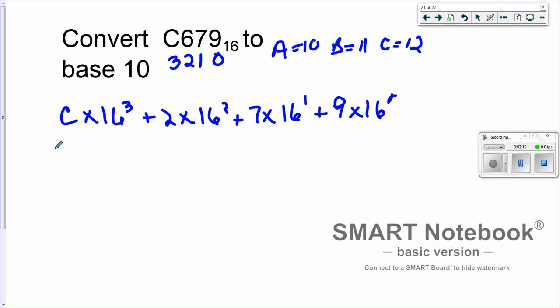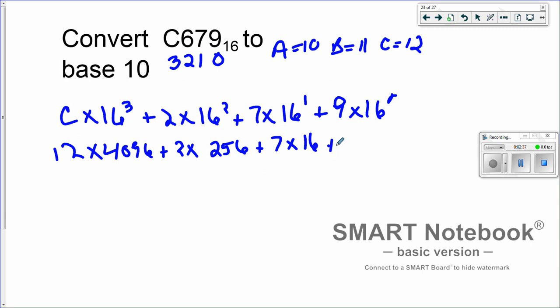So again, C represents 12 and 16 to the third is 4,096, plus 2 times 16 squared is 256, plus this would just be 7 times 16, and this would be 9 times 16 to the 0.